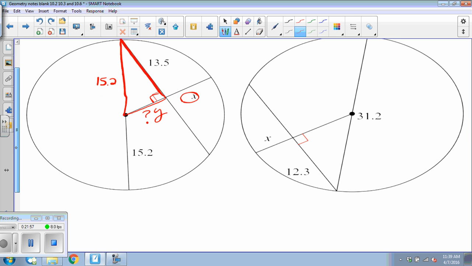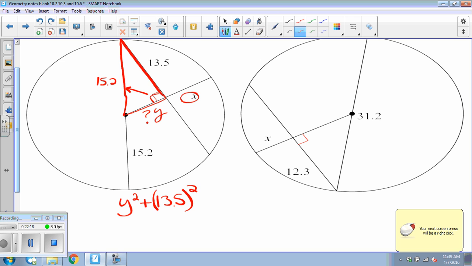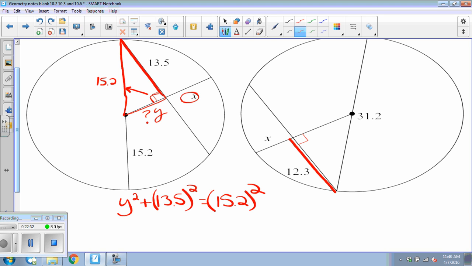So I have to say y squared plus 13.5 squared equals 15.2 squared. This is my hypotenuse.